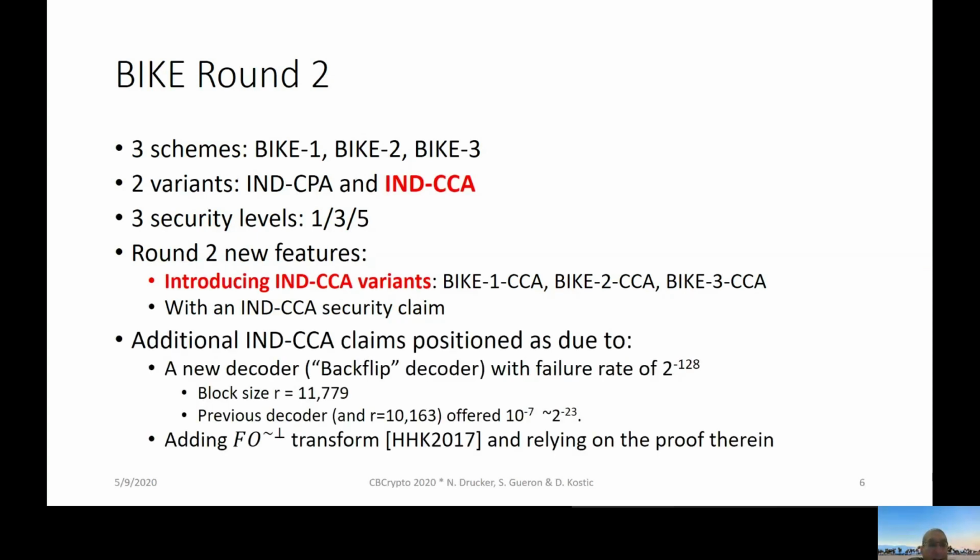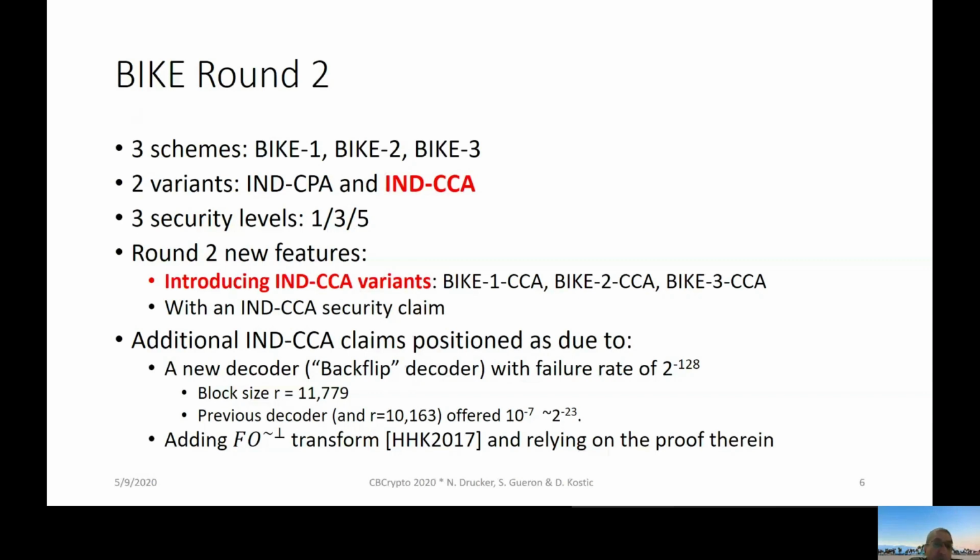So the additional claims were positioned as due to a new decoder called the Backflip decoder that has a failure rate of 2 to the minus 128. I'll refer to level 1, but for level 3, for example, the failure rate needs to be 2 to the minus 192. So the block size is now larger. If you remember, instead of 10,163, it's now 11,779.